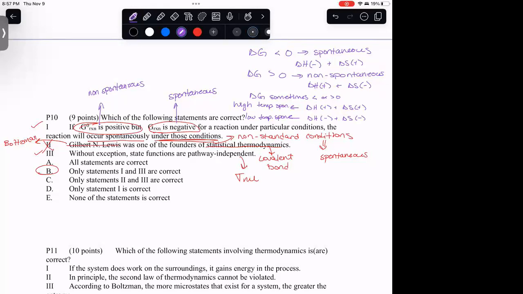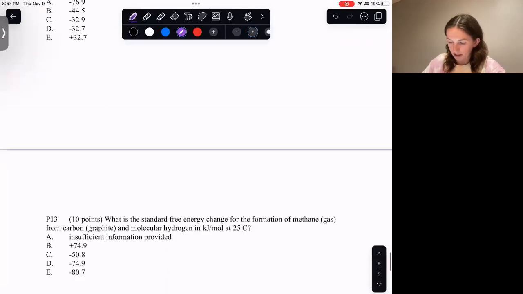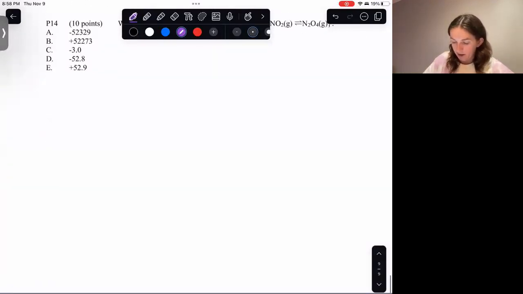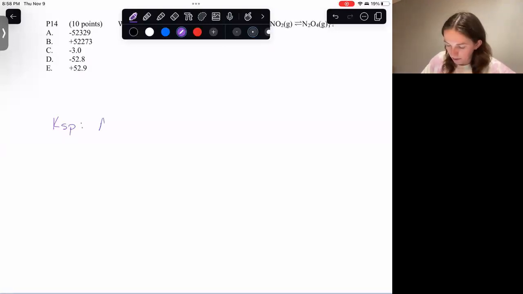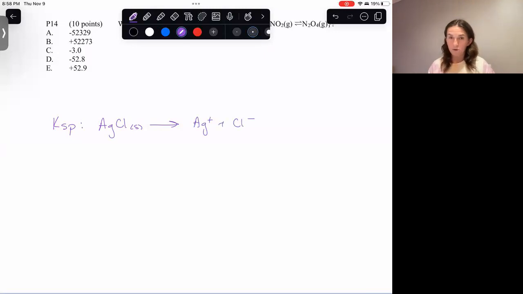Yep. So when we're looking at K values, if we have a KSP, this is saying some insoluble salt, we'll say silver chloride solid. This would go into Ag plus and Cl minus, both aqueous, and that's a reversible reaction. So your KSP for this would be Ag plus times Cl minus.